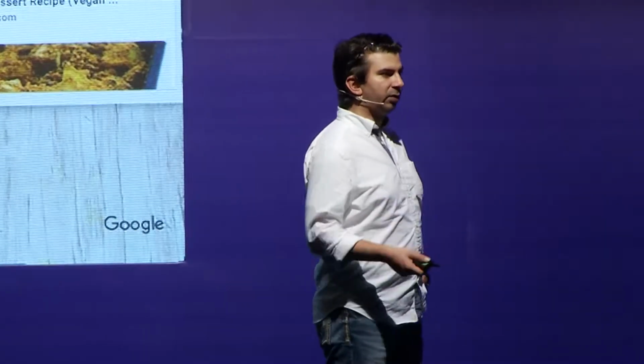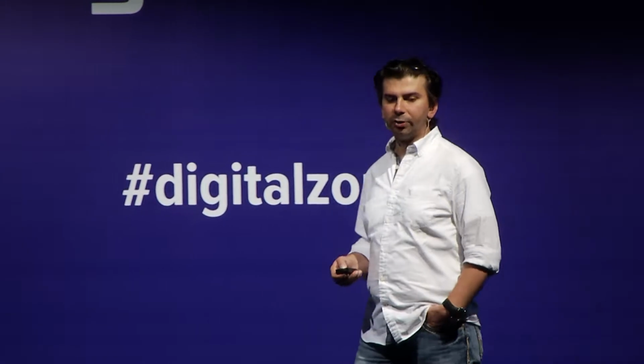So if you have a product, for example, and you mark up your pages and your images with product markup or product schema, then that is going to be picked up by image search. If you have recipes, if you put recipe markup on the pages, then that again is going to be picked up by Google Images.